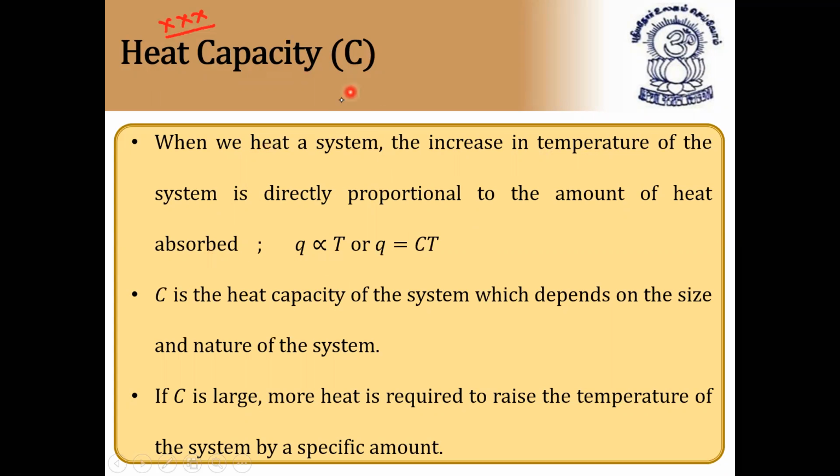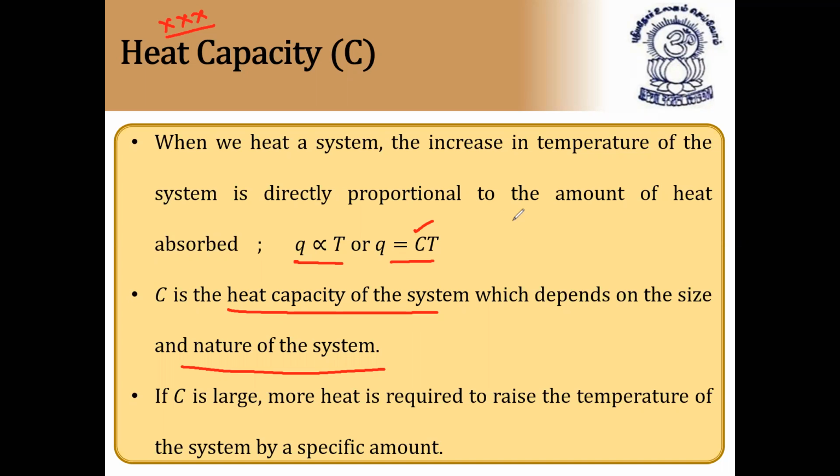So Q is the amount of heat absorbed, and it is proportional to absolute temperature, or Q is equal to CT, where C is called heat capacity of the system, which depends on the size and nature of the system.